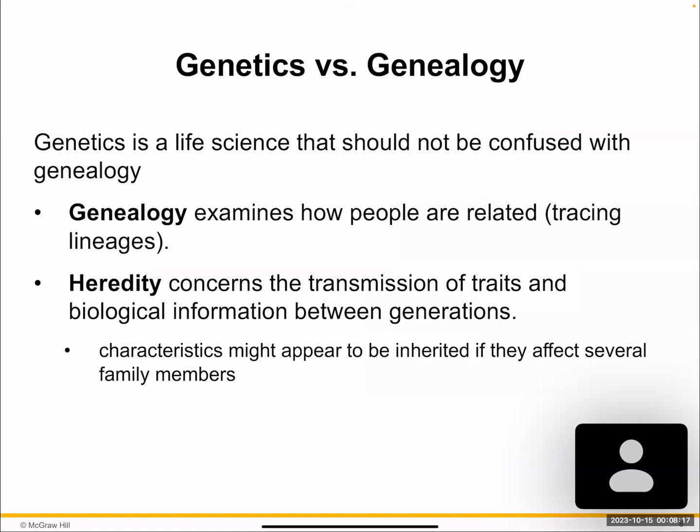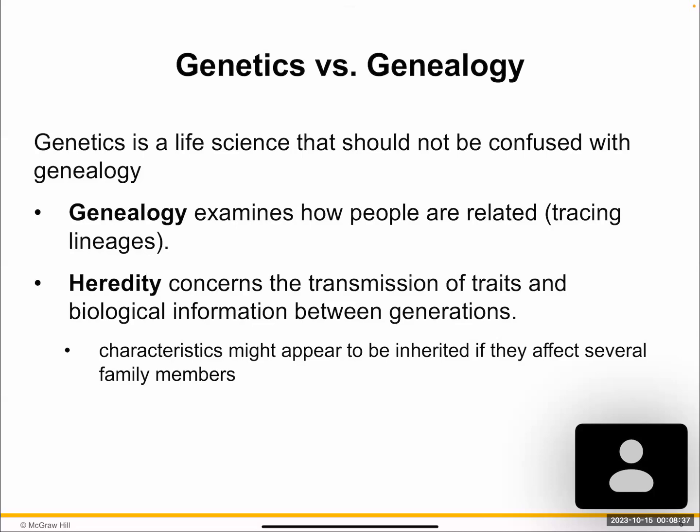Now, I do want to take a moment to define the word genetics and compare it to the concept of genealogy. I think there is a misunderstanding in the general public where they use these two words interchangeably.